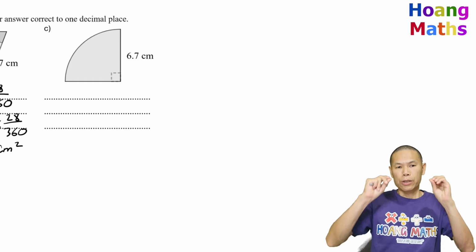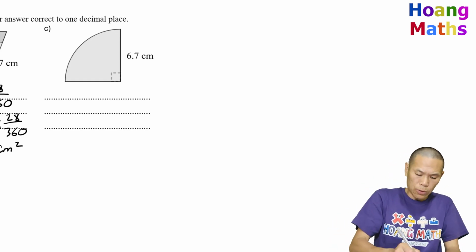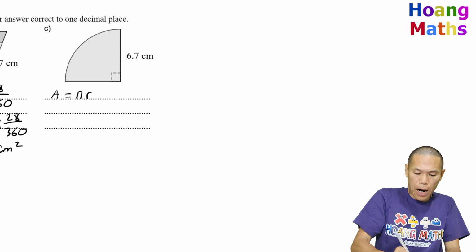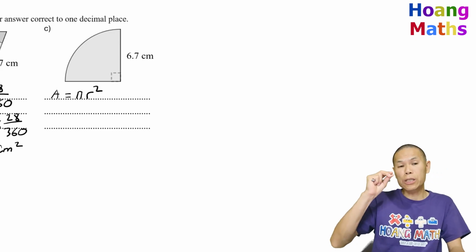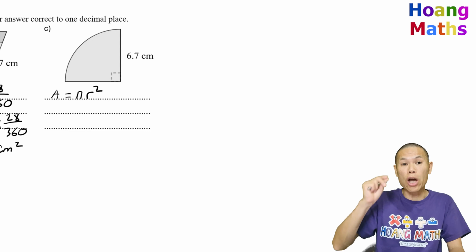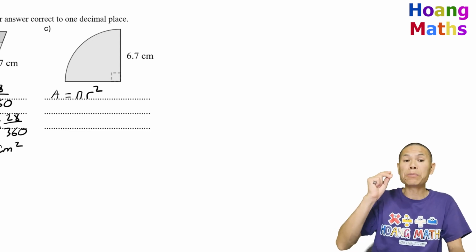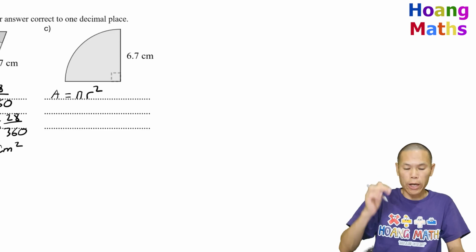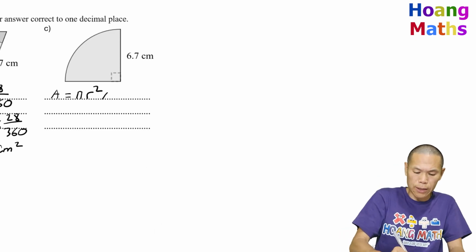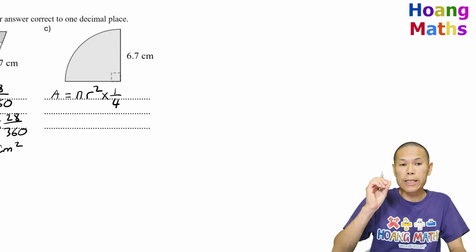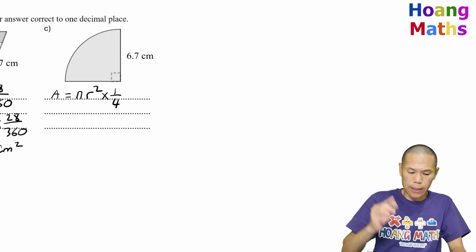Part C. So the area of a circle is pi r squared, and we just need to have a quarter of it because this sector here is 90 degrees. So you can times 90 over 360 degrees or a quarter because it is a quarter of a circle. So times by a quarter. And we know that the radius is 6.7.